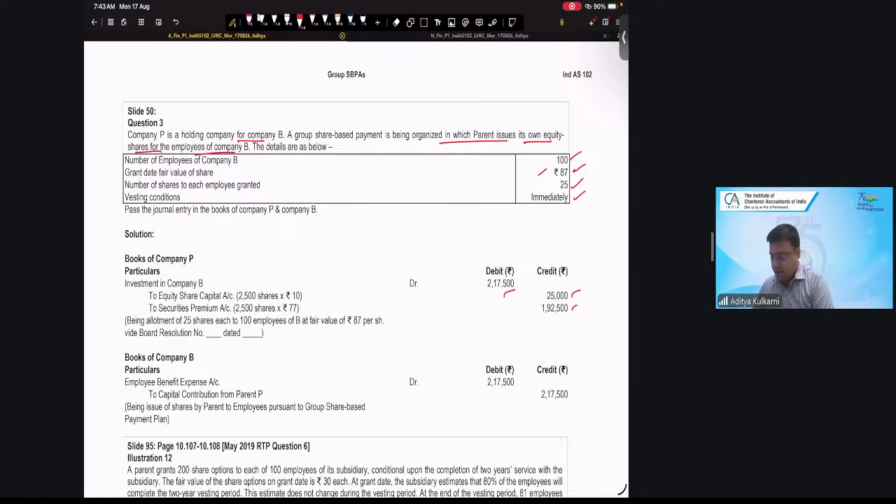And then employee benefit expense in books of B debit, to capital contribution from P 2,17,500. Being issue of shares by parent to employees pursuant to group share-based payment plan. Any doubts?